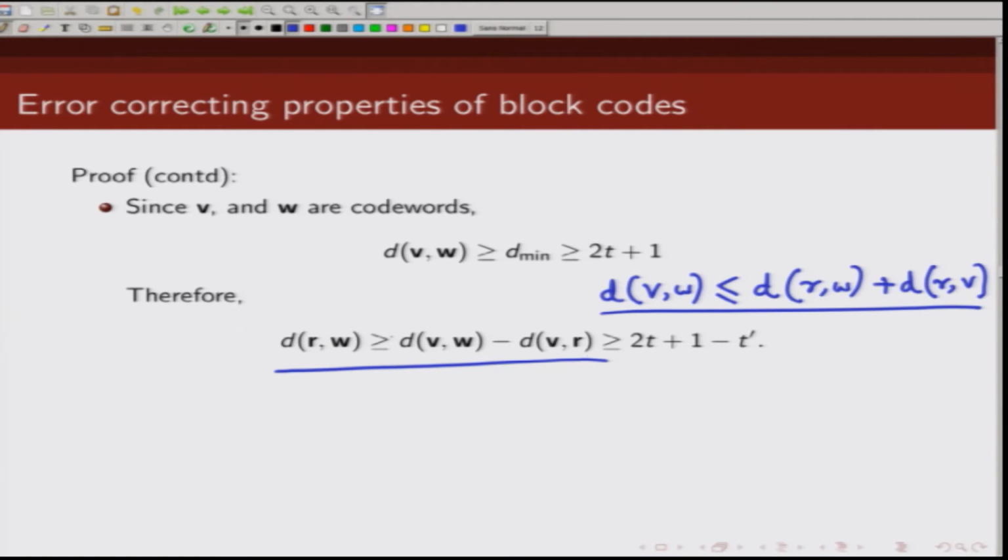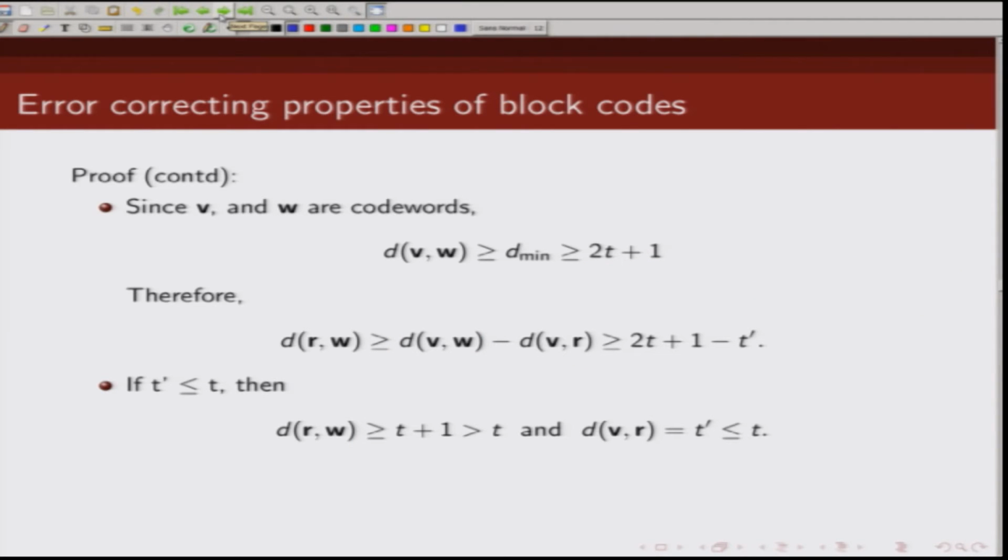Now, what is this quantity? The Hamming distance between V and W is at least equal to 2t plus 1. And the Hamming distance between the transmitted code word and the received word we denote by t dash. So, the Hamming distance between R and W is at least 2t plus 1 minus t dash.